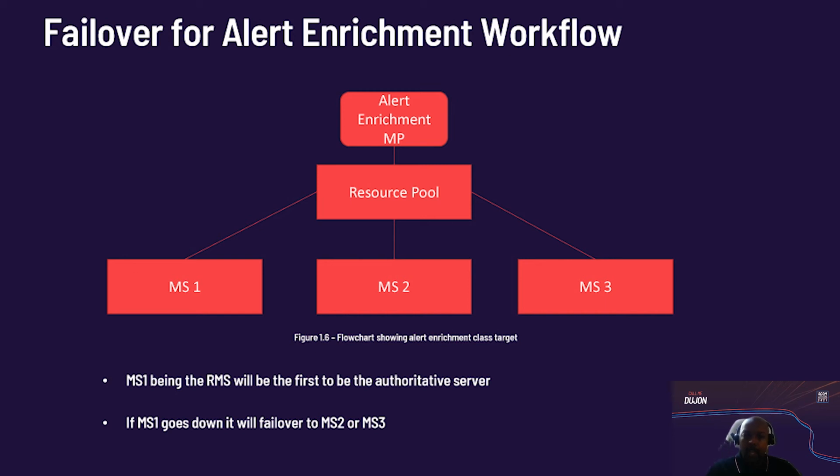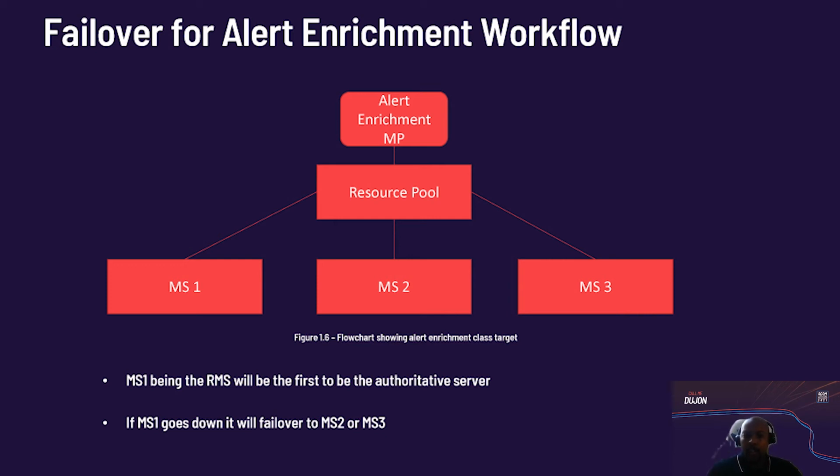So what we do here is define it to the default resource pool, which should contain all of your management servers, depending on how many management servers you have. If, let's say, management server 1 was to go down, then it could easily fail over to management server 2, and vice versa. If management server 2 goes down, it goes over to management server 3.